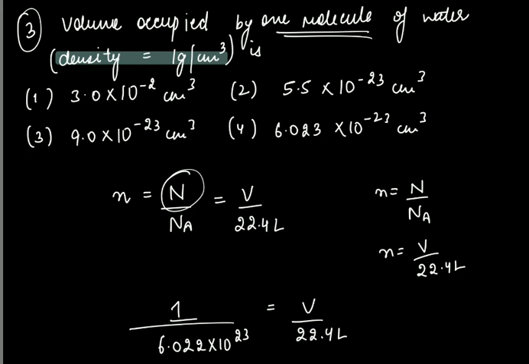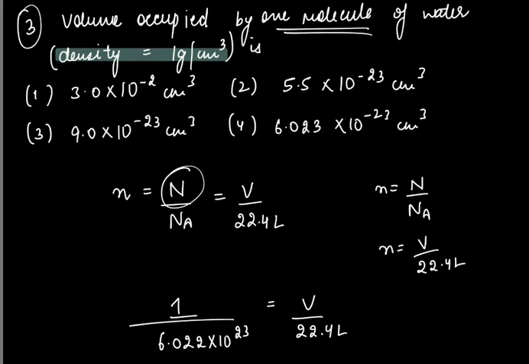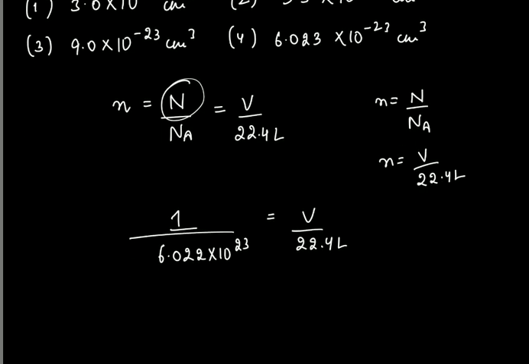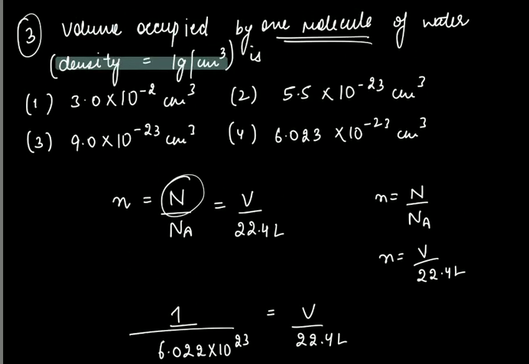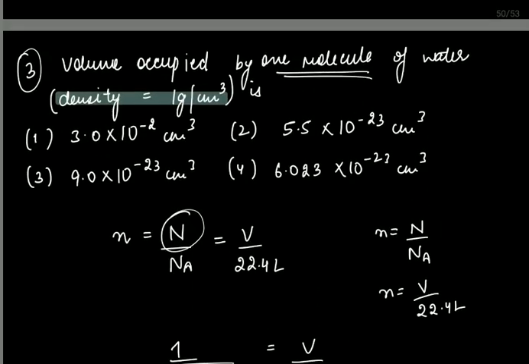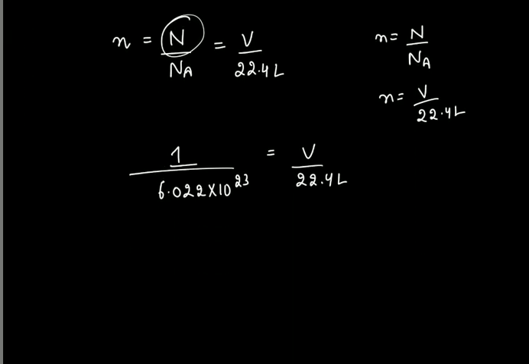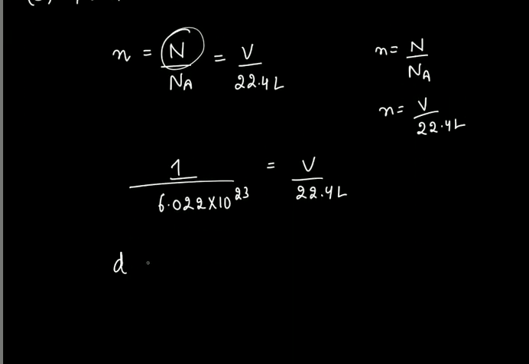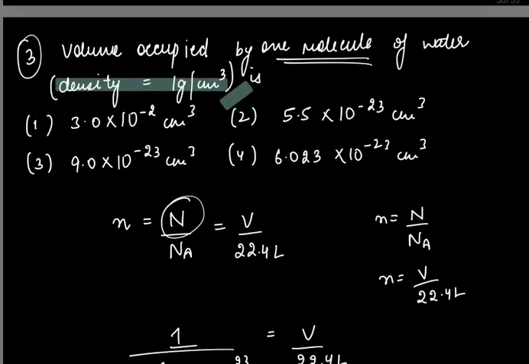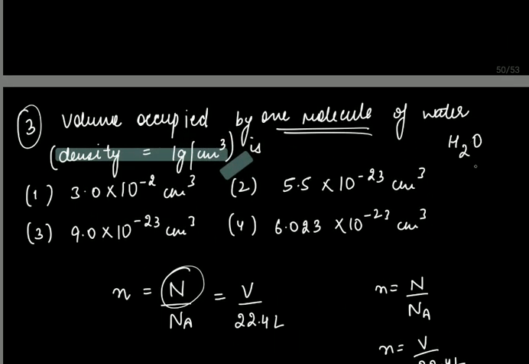So if we try to do this, then we will get a different answer, because we are not considering what they have given in the question, that is our density, right? So if we take this into consideration, we know density is equal to mass per unit volume. Mass of water, we know, that is 1 into 2 plus 16. This is 18 gram.